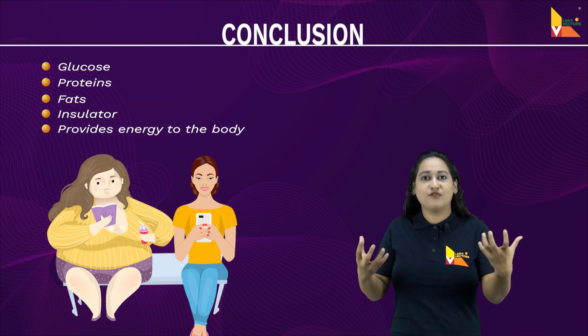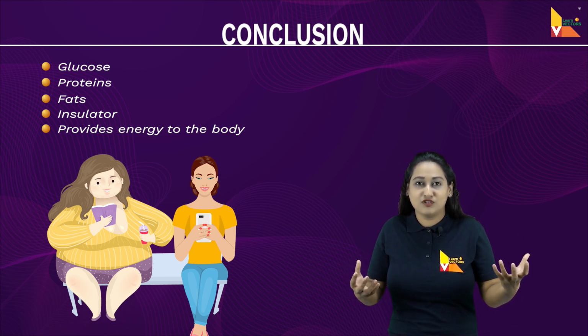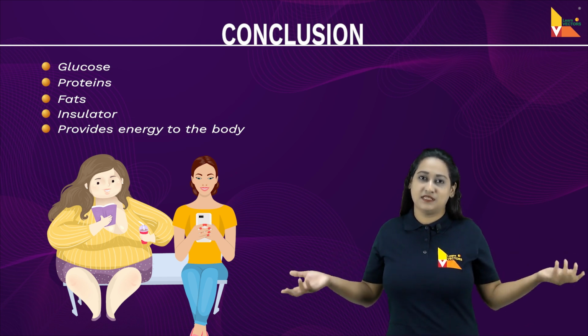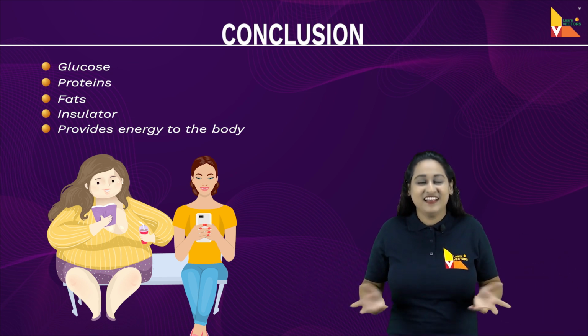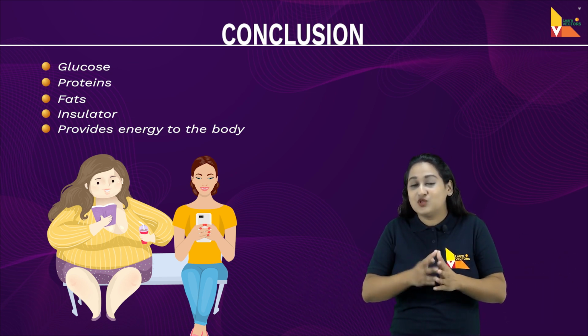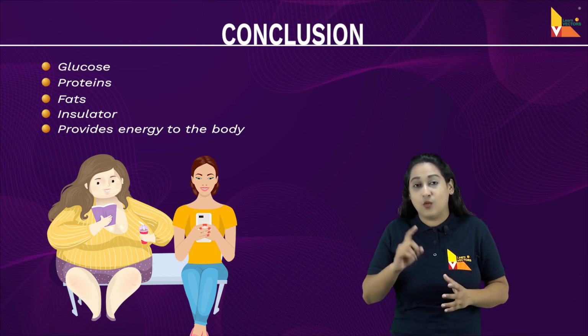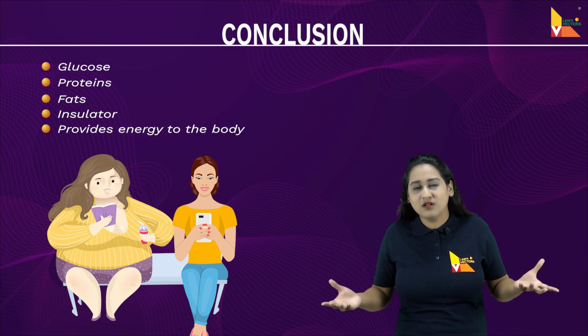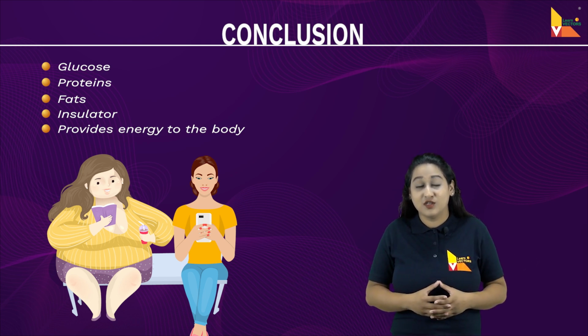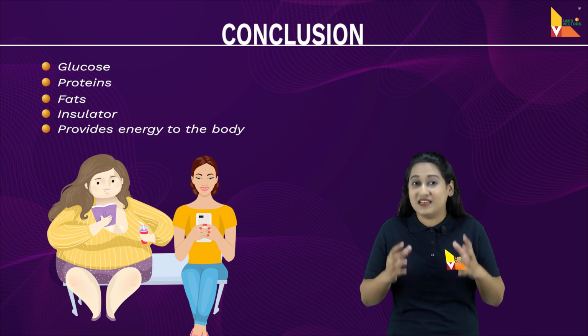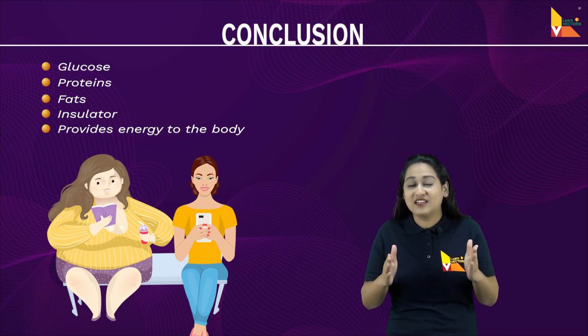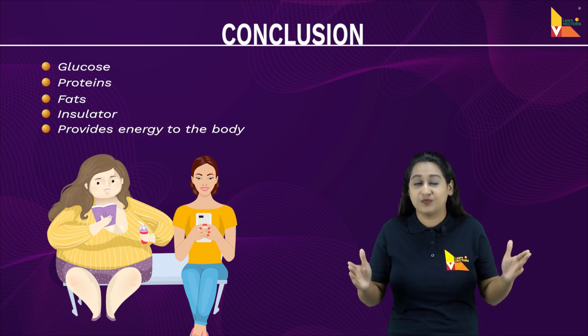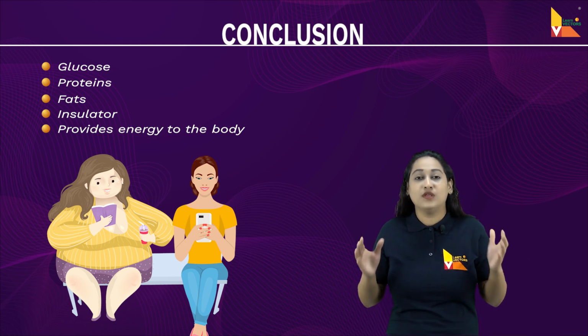Because if there is more fat, there will be more cholesterol, there will be high BP, and the person will finally die, right? What happens to the people who are lean? They will not suffer from such things. So it is good to be lean, to be fit. And that is all about adipose tissue. Here we end the part on connective tissue, loose connective tissue.